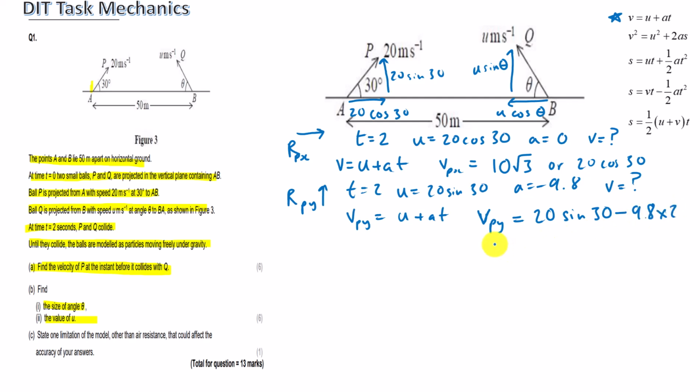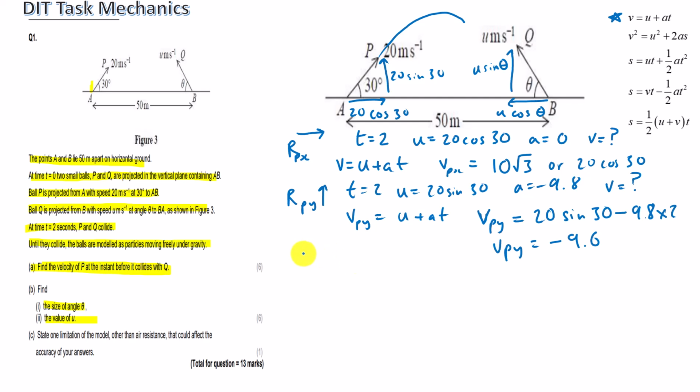Now we can work that out as minus 9.6. So all that means, so you don't get confused, is if this particle is travelling like this, it's probably going to collide with Q on the way down.